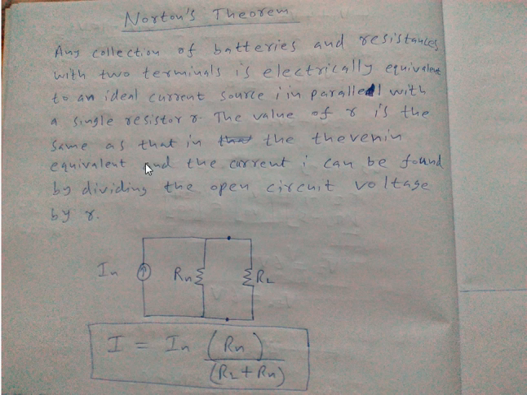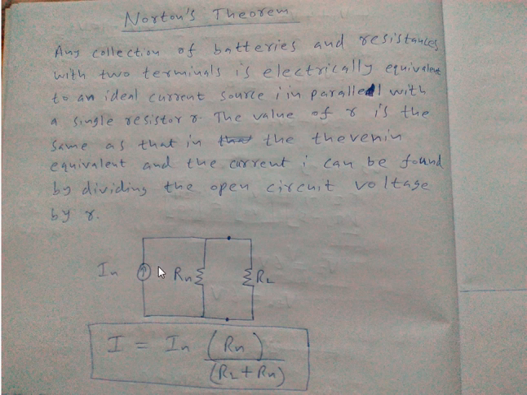Any collection of batteries and resistance with two terminals is electrically equivalent to an ideal current source I in parallel with a single resistor R. So here they are saying that we can replace the voltage. By two terminals, they mean a positive and a negative terminal.